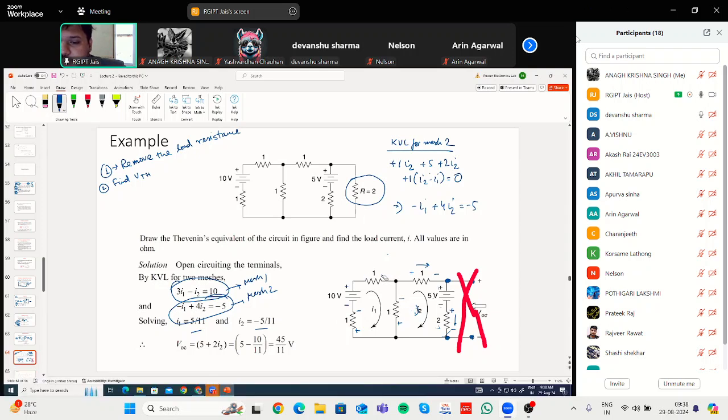Now again, let us get back to the circuit. You have found I1 and I2 using mesh analysis.